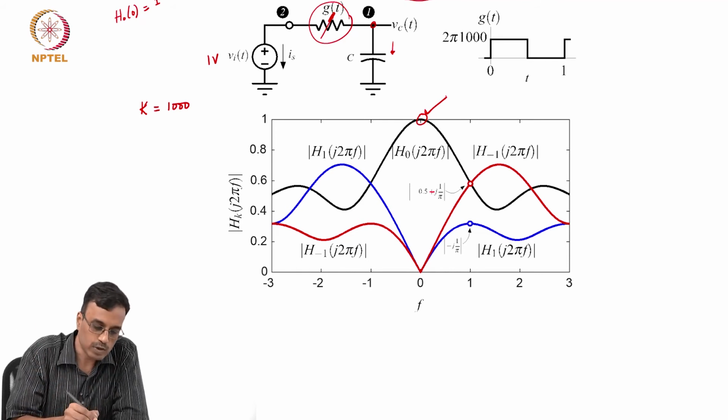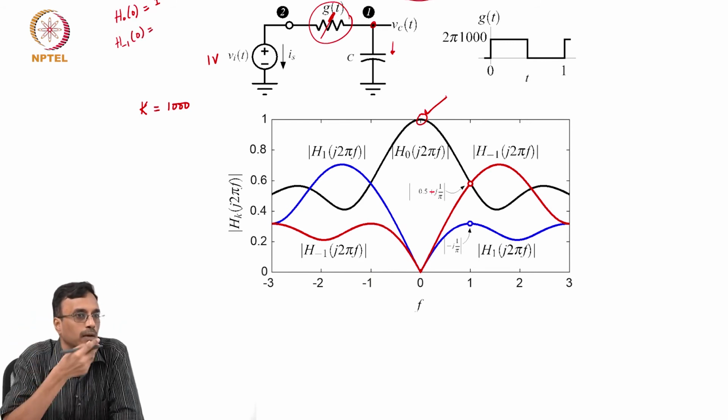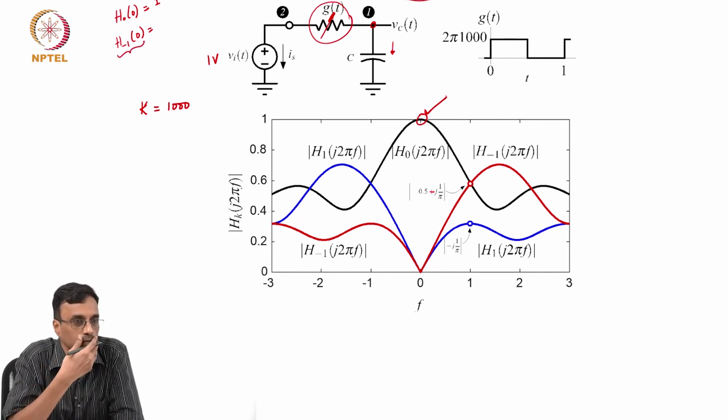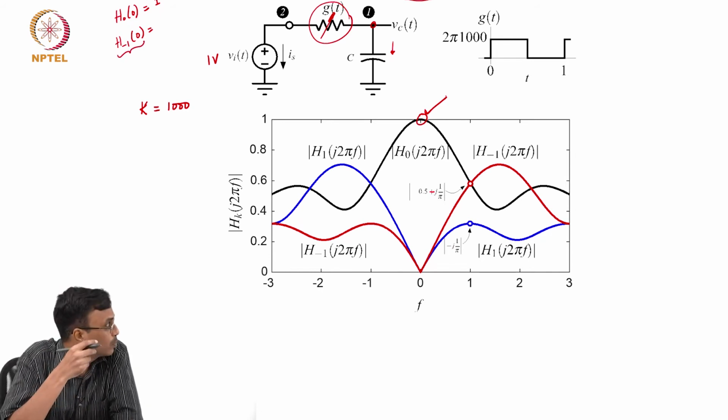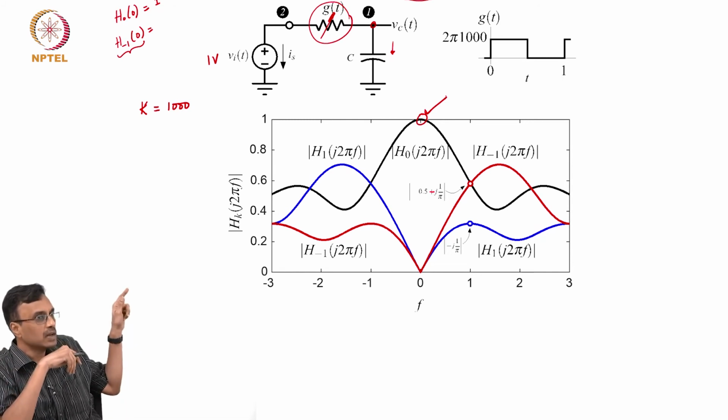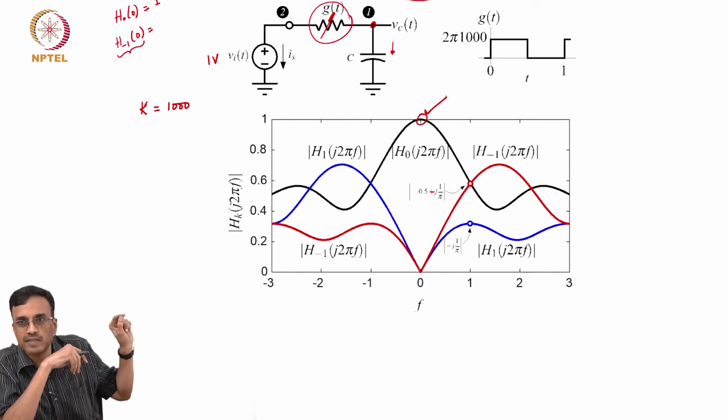Okay. Now the next question is, what about H minus 1 of 0? What should you expect? What does this quantify? What should be the input and what should be the output that we are looking for? You want to put in DC, and what are you looking for at the output?